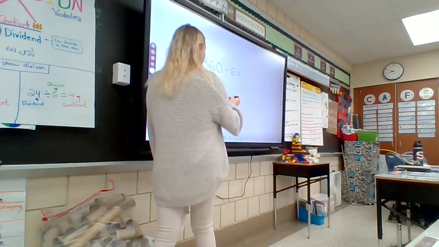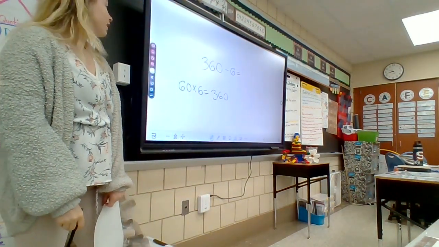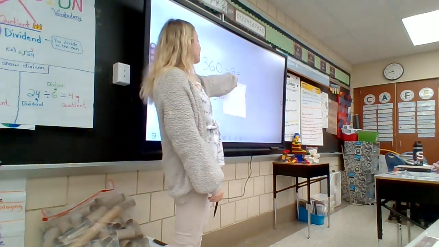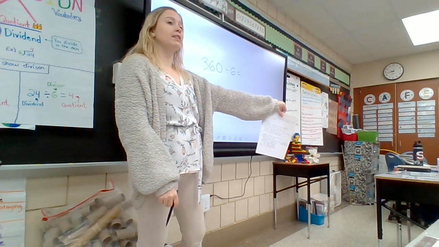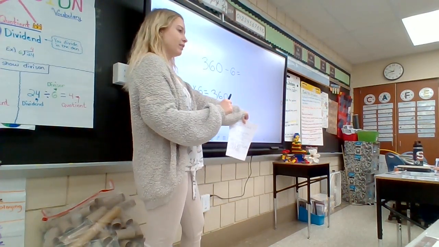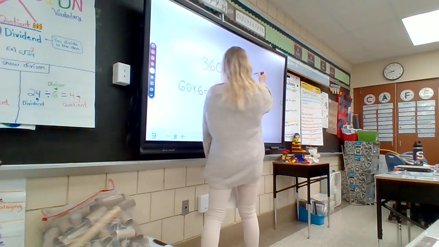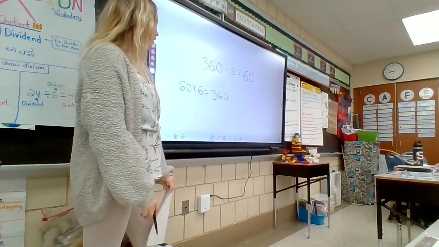Add the zero. Division is the same thing, but it's opposite. So 36 divided by 6 is 6, and then you add your 0. That was easy.